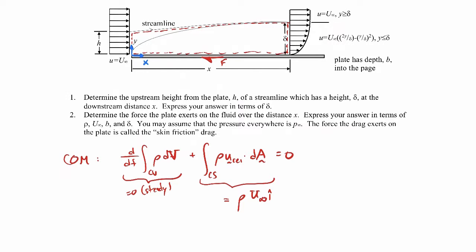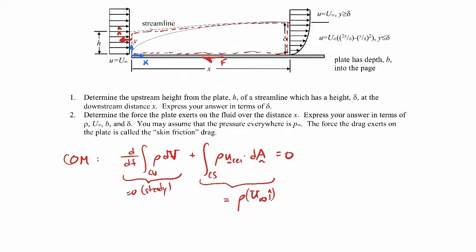The control surface isn't moving, so the relative velocity is just the velocity of the fluid. And then the area vector there, well, the outward pointing normal vector is pointing upstream. So the area vector there will be h times the depth in and out of the page, which we said was b, and in the minus i hat direction.